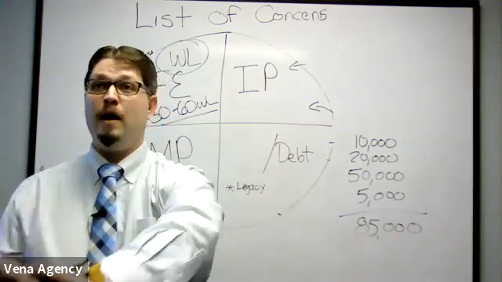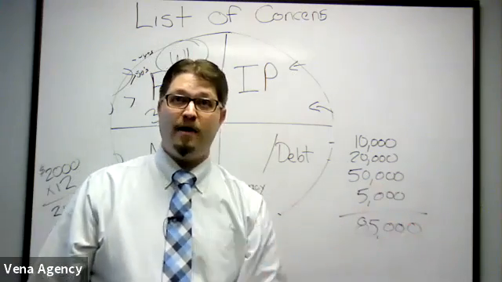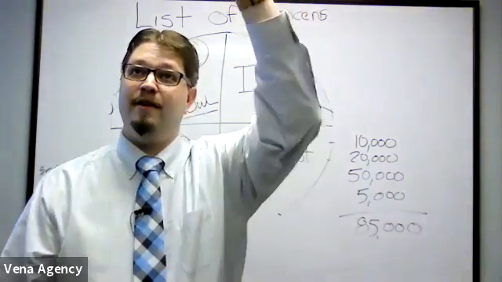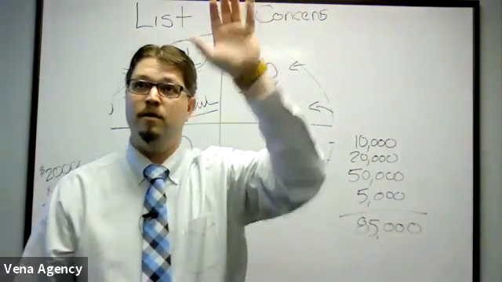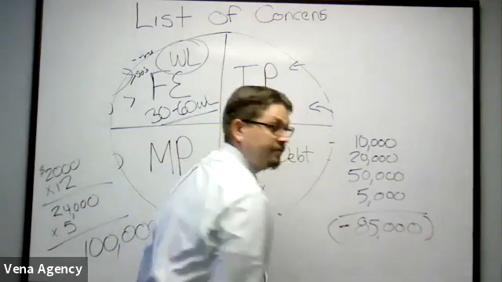Right, now, if you guys remember from the other training, when someone passes away, everything goes to their estate, the positive and the negative, right? So Joe's going to have a negative $85,000 balance on his estate.